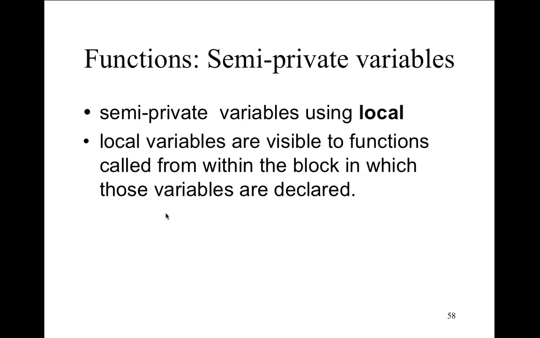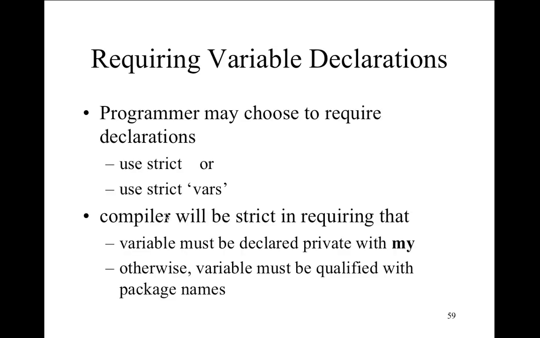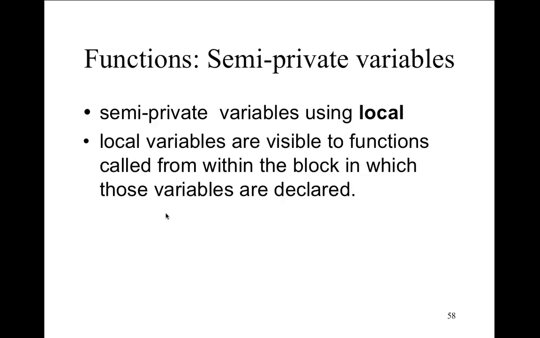Local variables are visible to the functions called from within the block in which those variables are declared. That happens automatically. Anything within the same block is available inside of any one of the functions as a local variable. There is no global scope, if you think about it, because a Perl script could be combined with another Perl script and another Perl script.